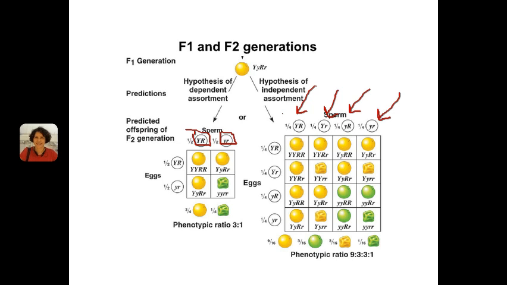On the top of the Punnett square, we're looking at one parent, and on the left side, we're looking at the other parent. This was a dihybrid cross, right?